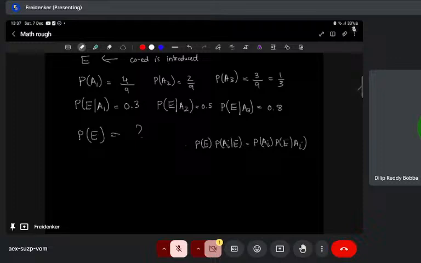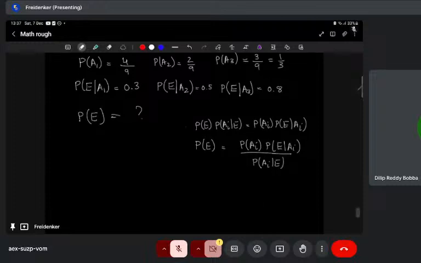What do I need? I need P of E. So that would mean I have to do this. But do I have this piece of information? I don't. I have this information, I have this information.